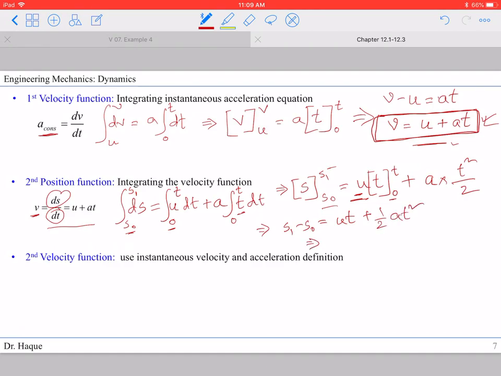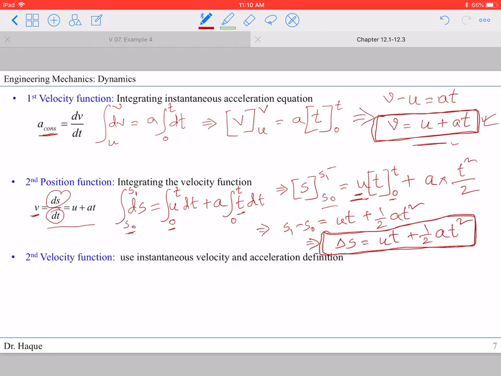We can also write it in this form: delta s equals to initial velocity multiplied by time plus half multiplied by acceleration into time whole square. So this is the third formula we just derived, and we're going to use it to solve problems.